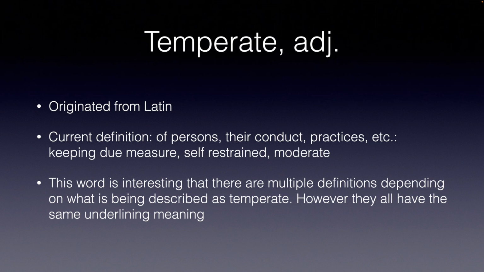The current definition is for persons, their conduct, practices, etc., keeping due measure, self-restrained, and moderate. This word was really interesting because there are multiple definitions depending on what is being described as temperate. However, they all have the same underlying meaning, which is kind of that moderate, kind of middle line type of idea.